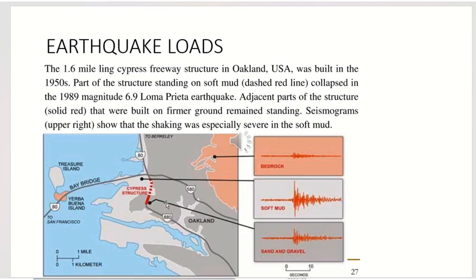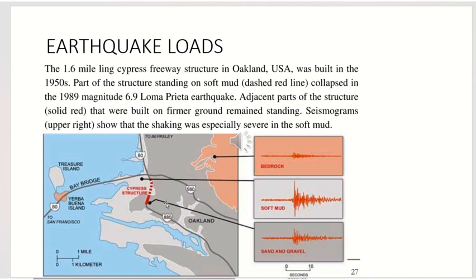Welcome back, dear friends. So now the earthquake study for this, we have one case study here: the 1.6 mile Cypress River structure, and the earthquake which occurred in 1989, called the Loma Prieta earthquake, magnitude 6.9, in Oakland, USA.